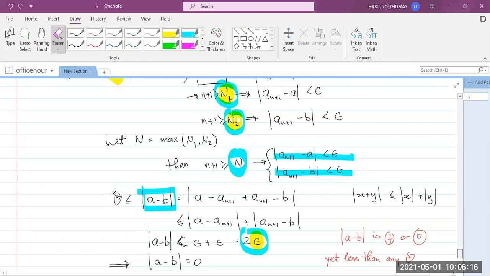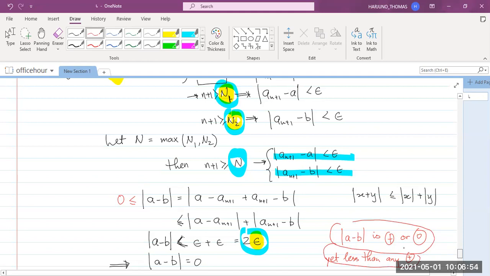Of course, in reality, if we have a higher level way of proving, I don't even need to write this because it's already built in. It's an absolute value, for God's sake, right? So it's either positive or 0. But just to emphasize, this is positive or 0, yet it is less than any positive number.